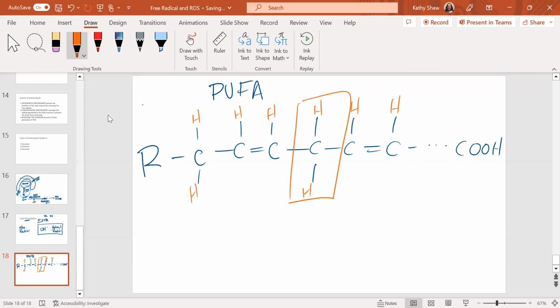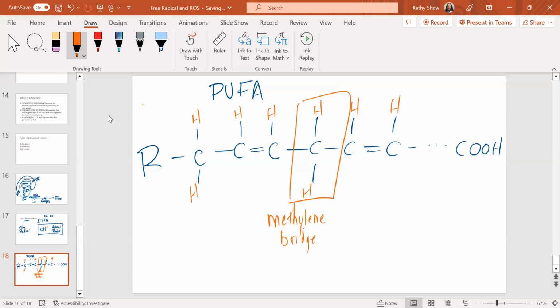So we've got that carbon in the middle that doesn't touch either double bond. That's called a methylene bridge. And it's because of this no more than, no less than 3 carbon apart thing for the double bond. So this is the carbon in between the 2 double bonds.